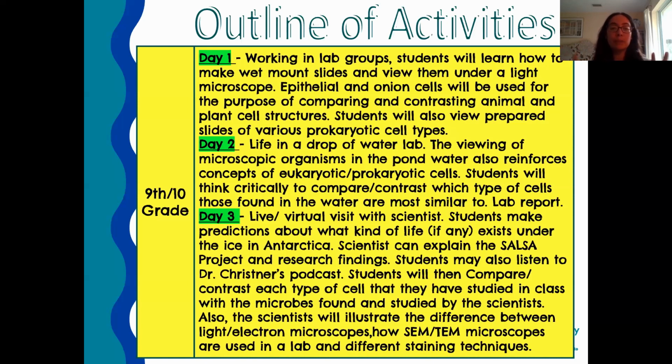After that initial microscope, that's day 1. Day 2 would be that life in a drop of water lab, which is actually a virtual, interactive one, and then we would also have them either collect water or we could bring water in for them, and they can look at what's under the microscope now, and now you're really critically thinking and comparing to, well, what's swimming around in there versus epithelial cells or versus the onion cells or the prokaryotes.